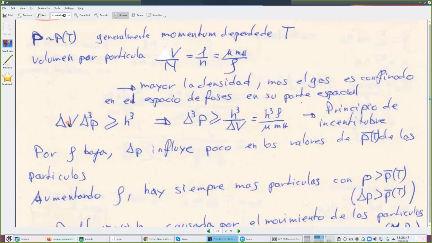That essentially means that if you plot position against velocity, the particles are located within a certain square, with an interval in each one, in position and in speed.